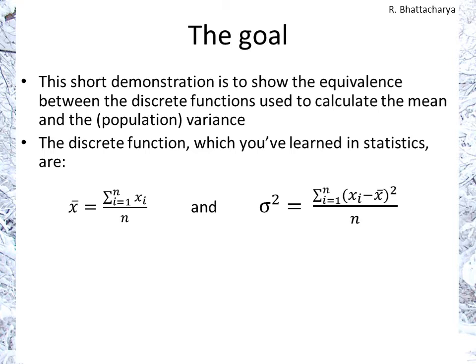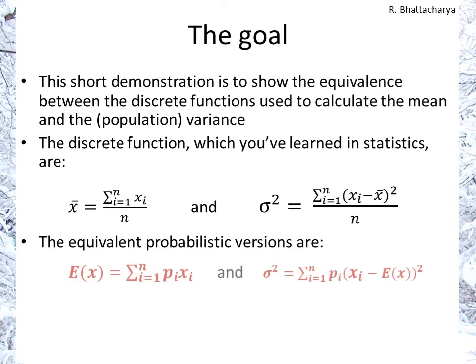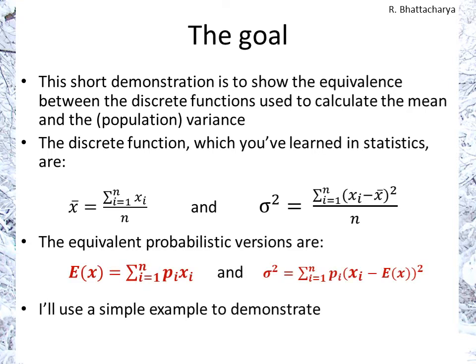Now looking forward and using probabilistic values, the expressions look as follows. Instead of having an x bar for the mean, we have an E of x, which is the expected value, but it's basically the conceptual equivalent. So the expected value is calculated by taking the individual probabilities times the values for those probabilities from 1 to n, being the total number of possible outcomes.